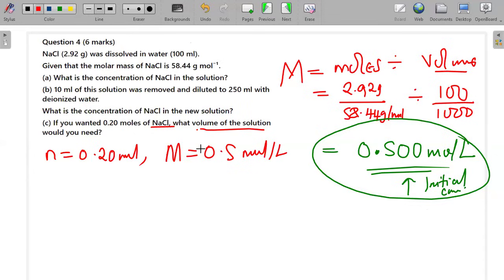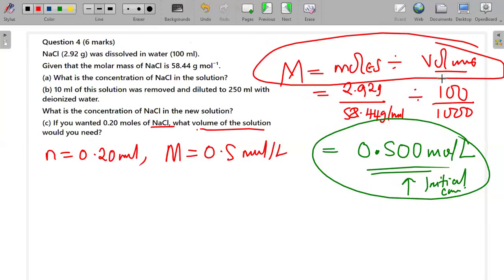From this formula here, we're just going to make volume the subject. So molarity is equal to moles over volume. Cross multiply, you get molarity times volume is equal to moles. So I divide both sides by the molarity, which means volume will just be equal to the moles over the molarity.